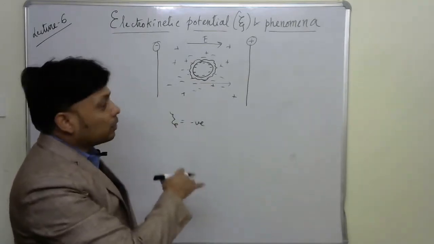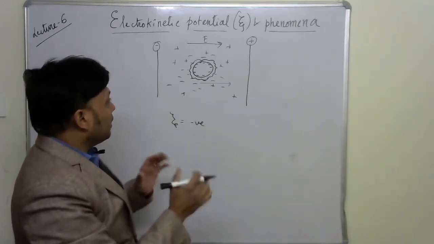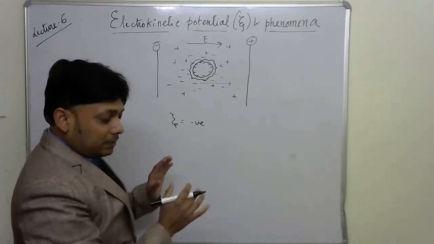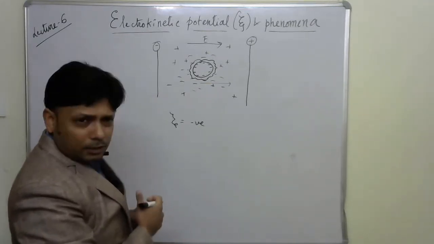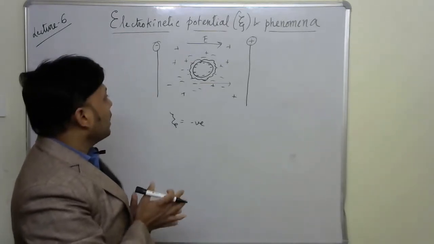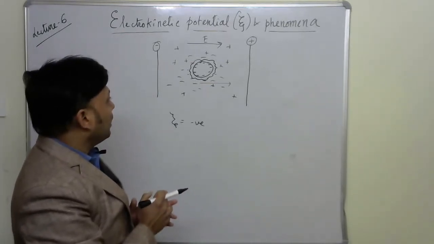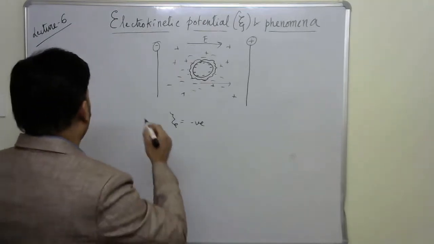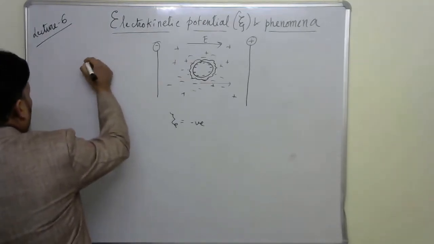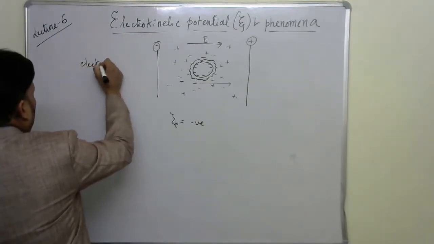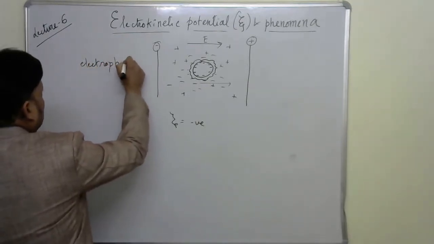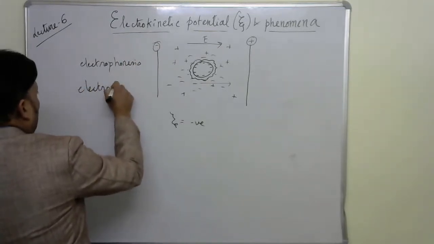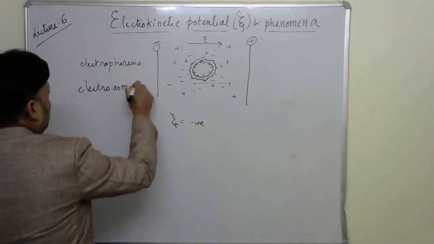Or in other words, whenever there is movement of these charged particles or ions, we call it electrokinetic phenomena, and there are two categories. One is called particle electrophoresis, and the other is called electro-osmosis. So let's write those terms. One is electrophoresis, and another is electro-osmosis.